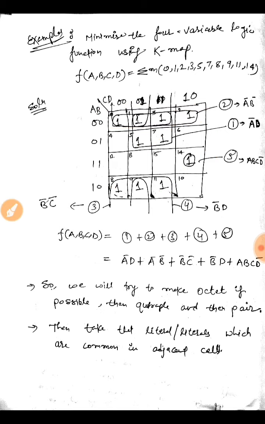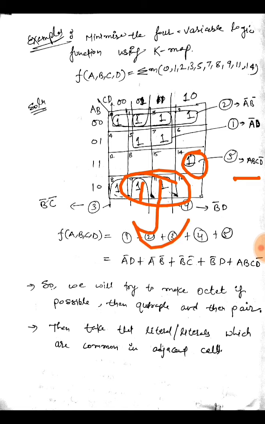So for this one now we will reduce. So if this is a cell, it will be having 4 variables. Each max term or a cell will be having 4 variables. If I make a pair, that is 1 1, it will be having only 3 variables. Okay, so one variable would reduce by pairing.